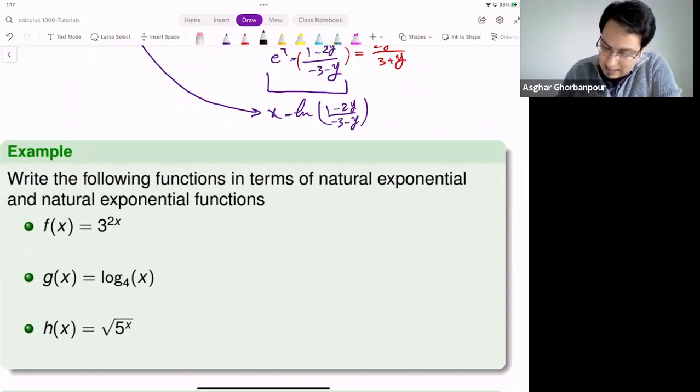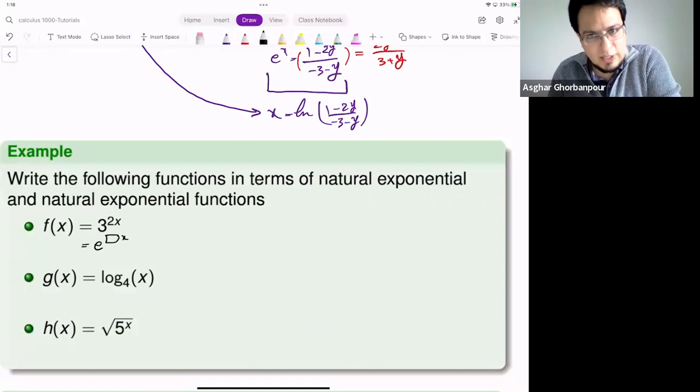Basically, what I am trying to say is that I can write this guy as e to the power something times x. And this is always true. You can do that. Any base for an exponential, you can turn into base e, the natural one.